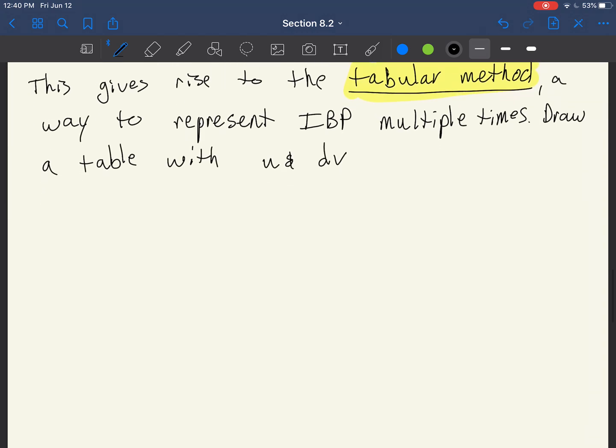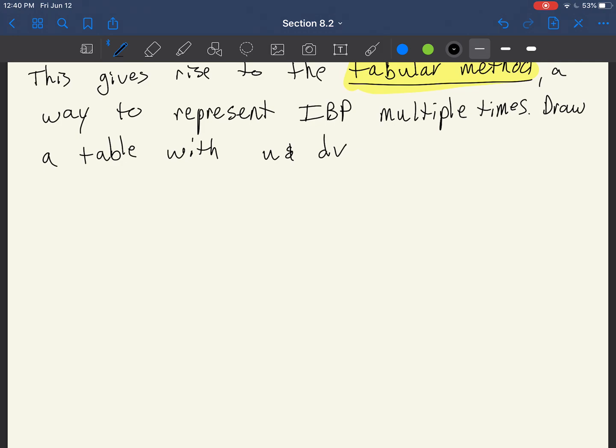with u and dv. So I'm going to have that going over here. And we're going to do the example we did before, x squared sine x. So u we said was x squared, dv we said was sine x.